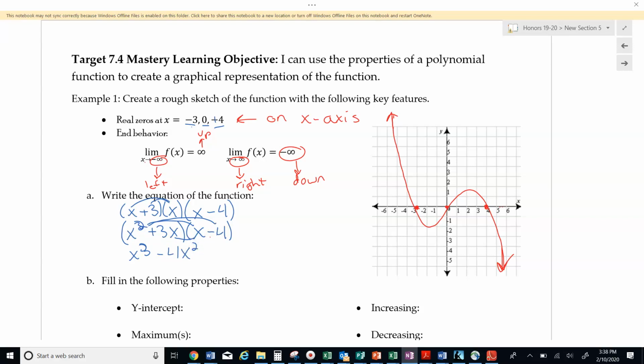Then 3x times x is plus 3x squared. 3x times -4 is -12x. Combining these, we get f of x equals x cubed, -4 plus 3 is -1x squared, -12x.